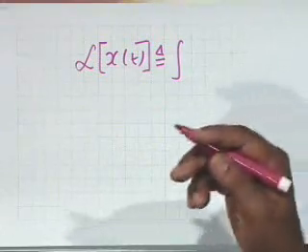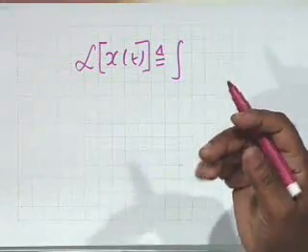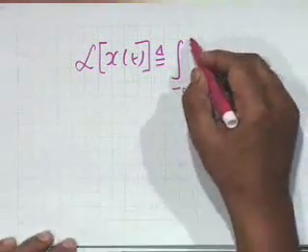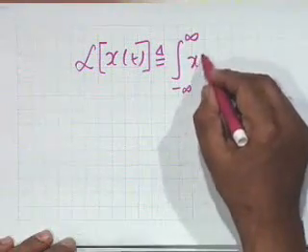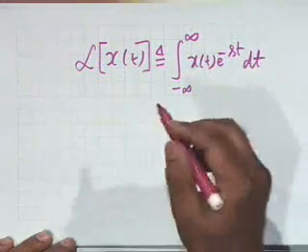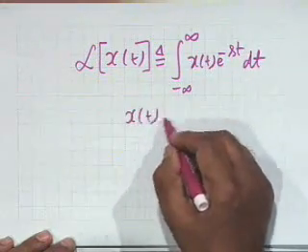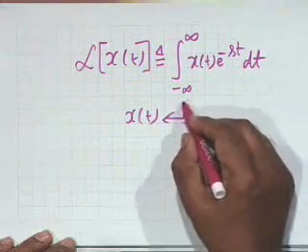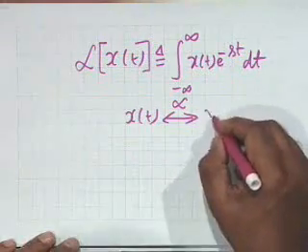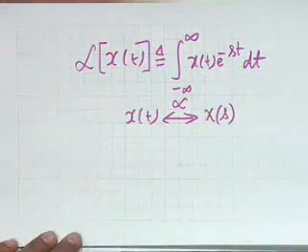But then you will see that the convergence is much more relaxed as compared to Fourier transform. Well, we define it as the integral from minus infinity to infinity of x of t e to the minus st dt, and symbolically we write this as x of t. To indicate that this is Laplace transform, we write a script L here and write capital X of s.